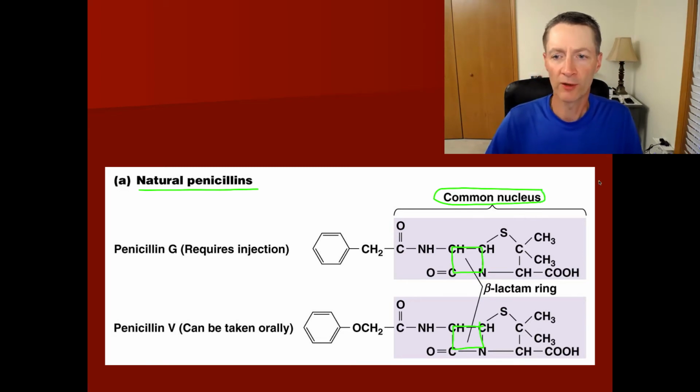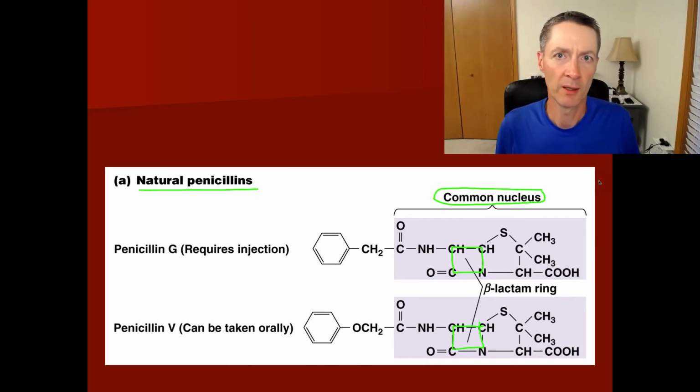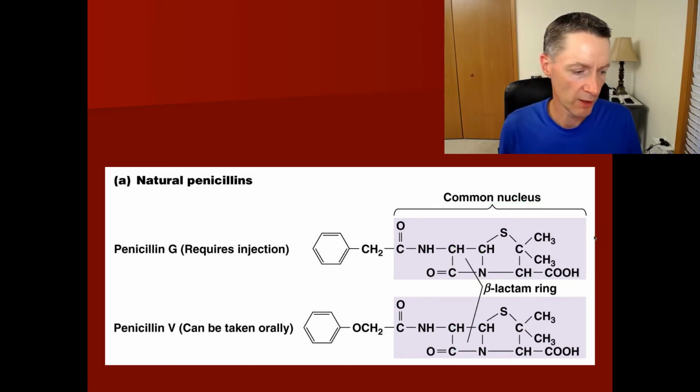It's a nucleus in the sense that it's a core portion of the penicillin family molecules that is more than just this square, right? But some of these can only be effective if it's injected. Penicillin down here, penicillin V, is only effective when it's taken orally, right? So there are some drawbacks, some limitations to each of these.